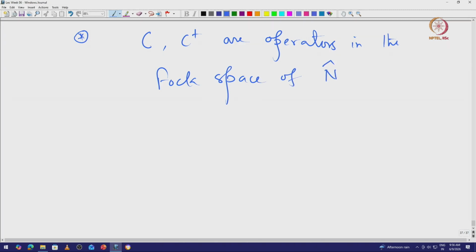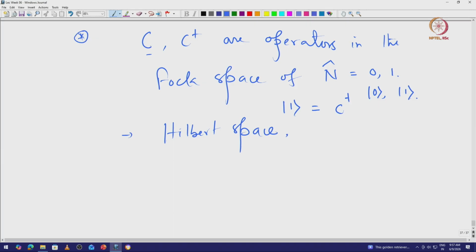We are in the fermionic case, so the number operator takes only two values, 0 and 1, and the corresponding states are the empty state or vacuum and one fermion. Right now I am not considering spin; if I have spin, you can generalize to two spins. In our Hilbert space, one more thing: the state 1 is defined by C dagger acting on 0.